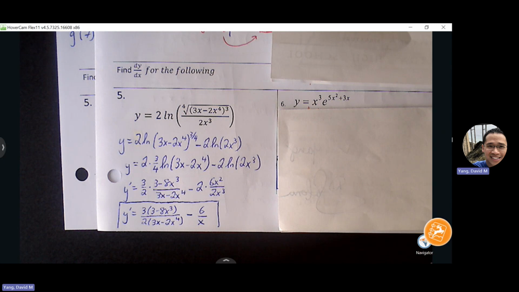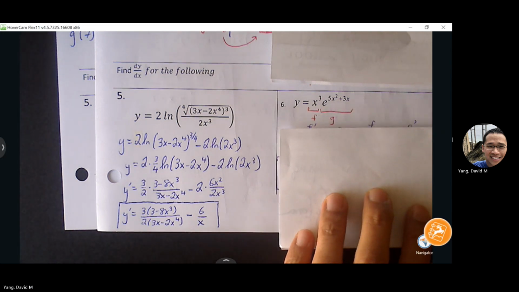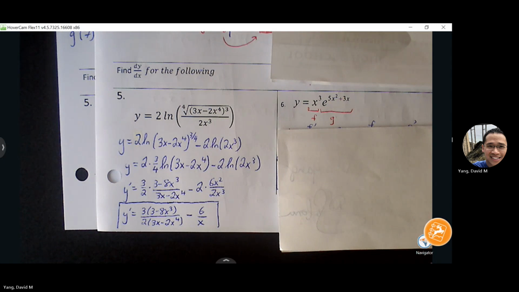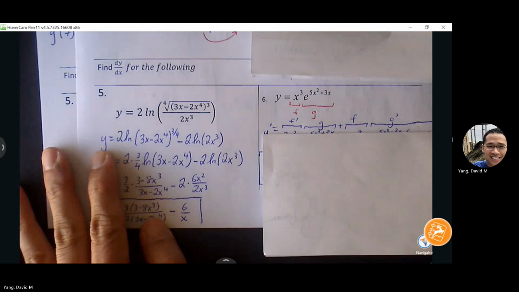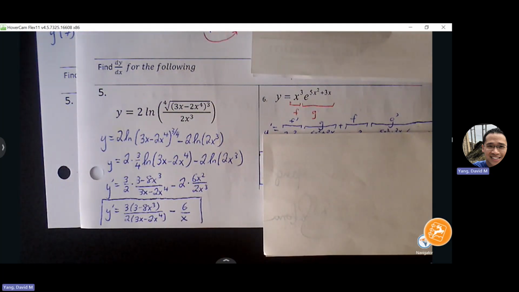Jump into product rule: F prime G plus F G prime.